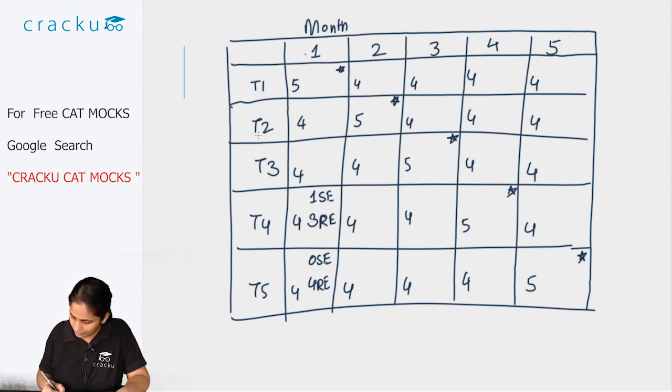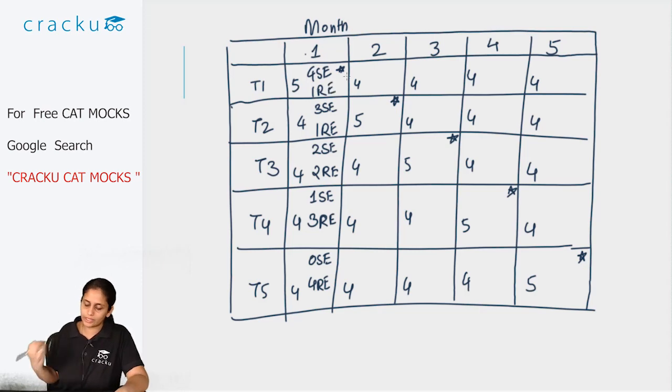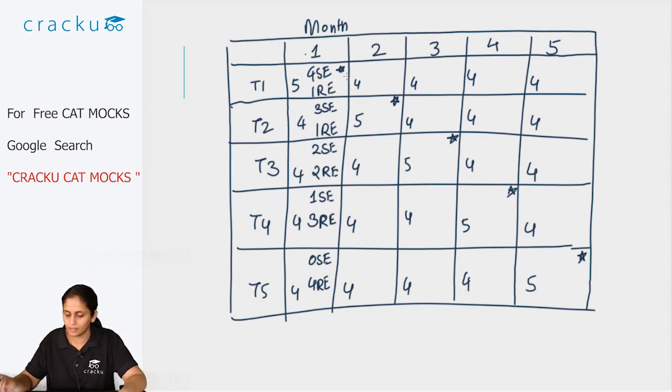This one had 2 SEs and 2 REs, because the sum has to be 4. These would have 3 SEs and 1 RE, and these had 4 SEs and 1 RE. So this was the configuration for the first month.